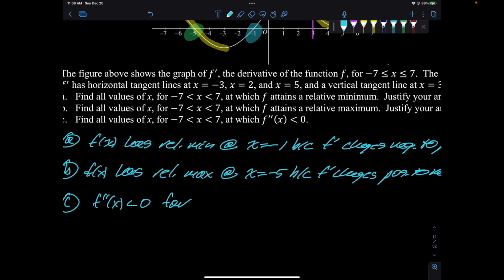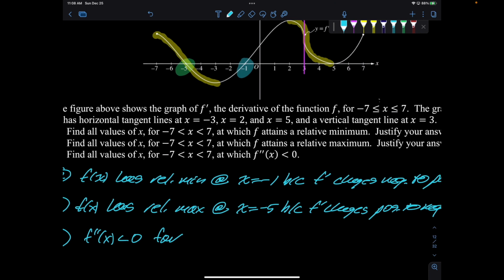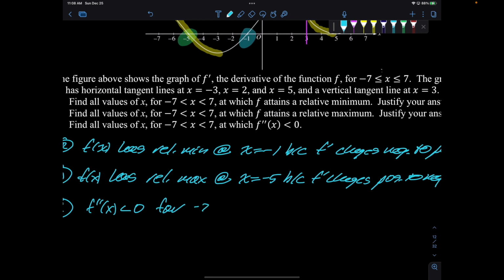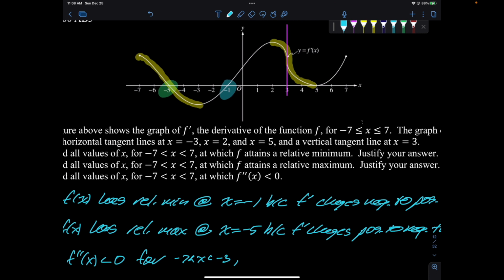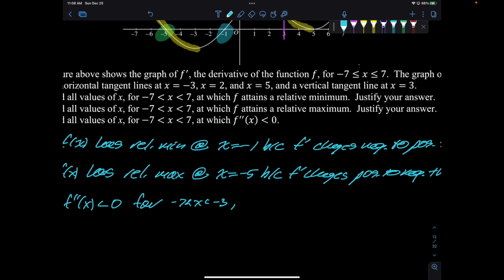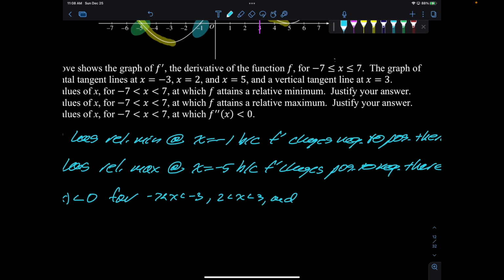First, let's say f double prime is less than 0 on -7 to -3, comma, 2 to 3, and then 3 to 5.